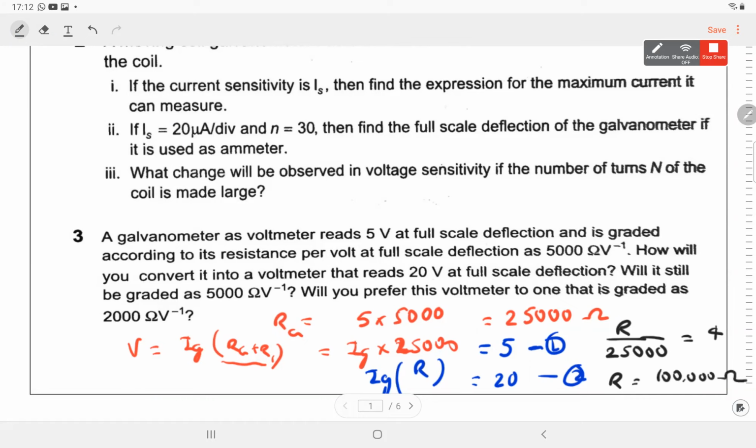It was already 25,000. 25,000 ohm resistance was already there, so how much external do we have to connect? We have to connect an extra 75,000 in series so that the range can be increased from 5 volt to 20 volt.